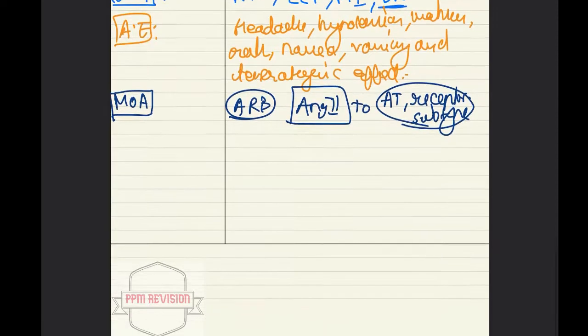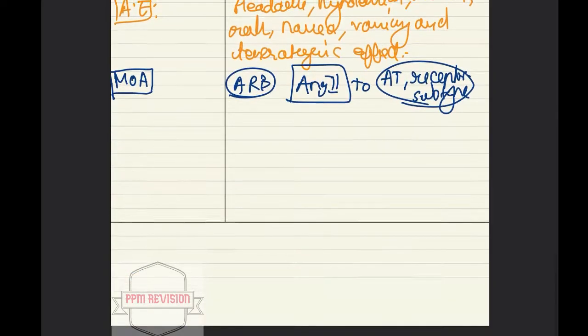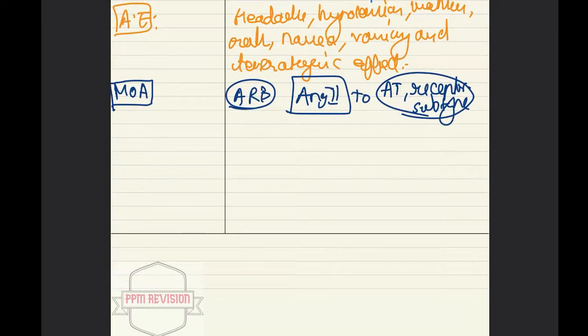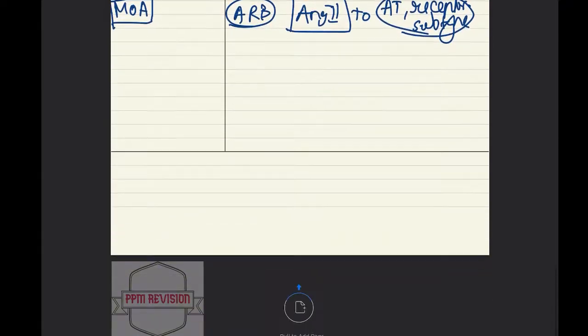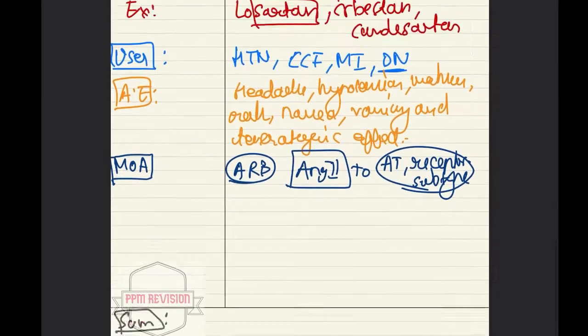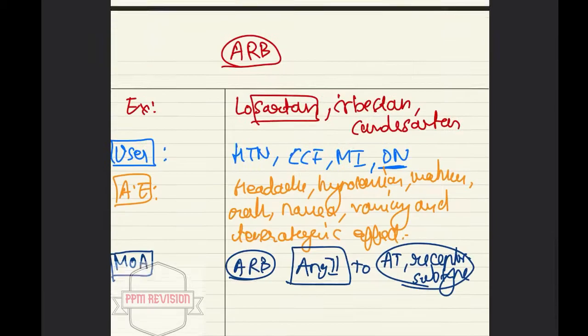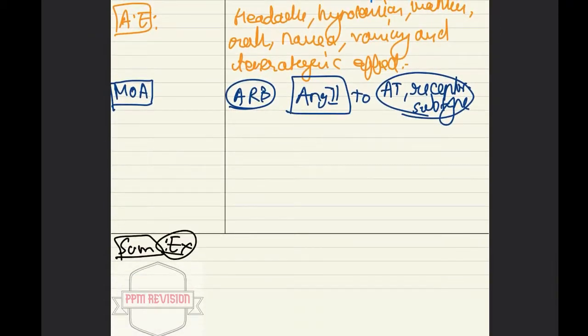Now looking at this, we'll quickly summarize what we have just learned. So here, summary. Here we have seen the examples. So as mentioned about ARBs, the examples are nothing but the sartans.